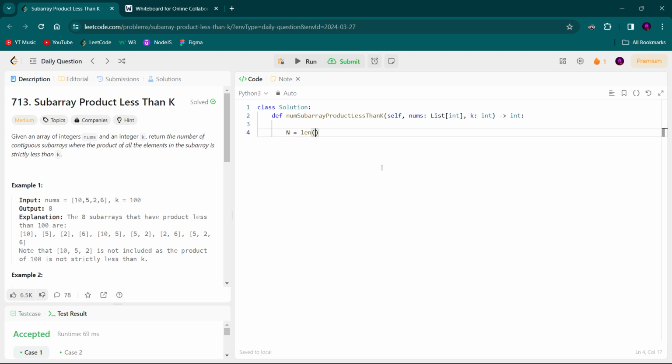We need n as the length of nums. I need a left pointer which would be at 0, and a right pointer which would also be at 0. I need a product which would be initialized as 1. So while r is less than n, I multiply the product.